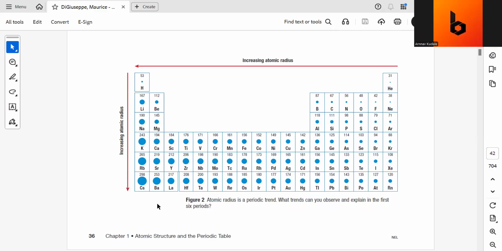Now let us talk about electron affinity. Check what happens when you are on the left hand side of the periodic table and the right hand side of the periodic table. Left hand side you have metals, right hand side you have non-metals.